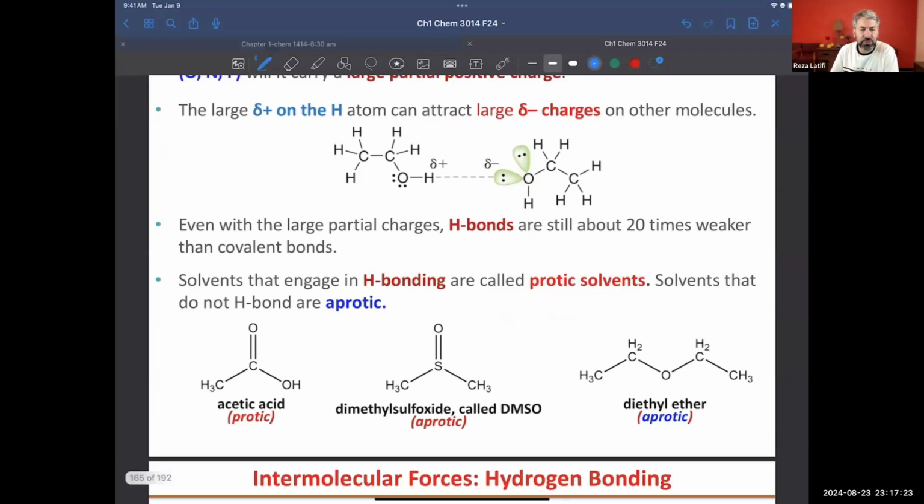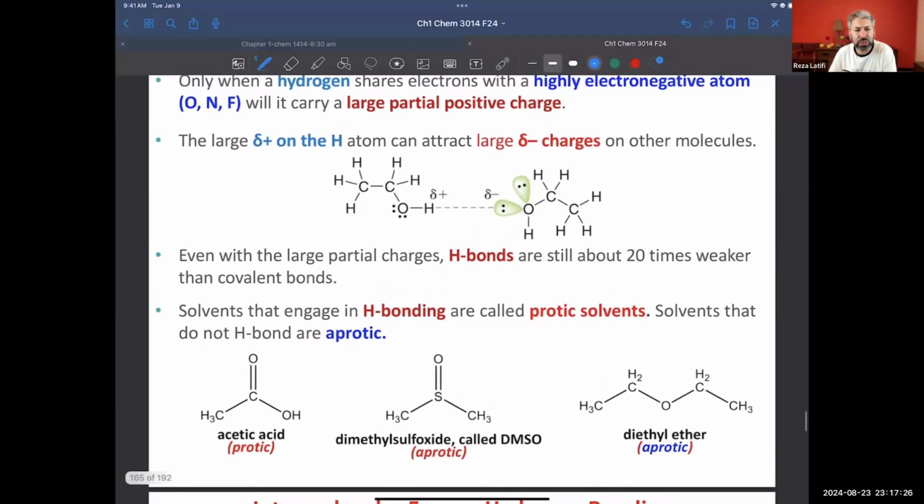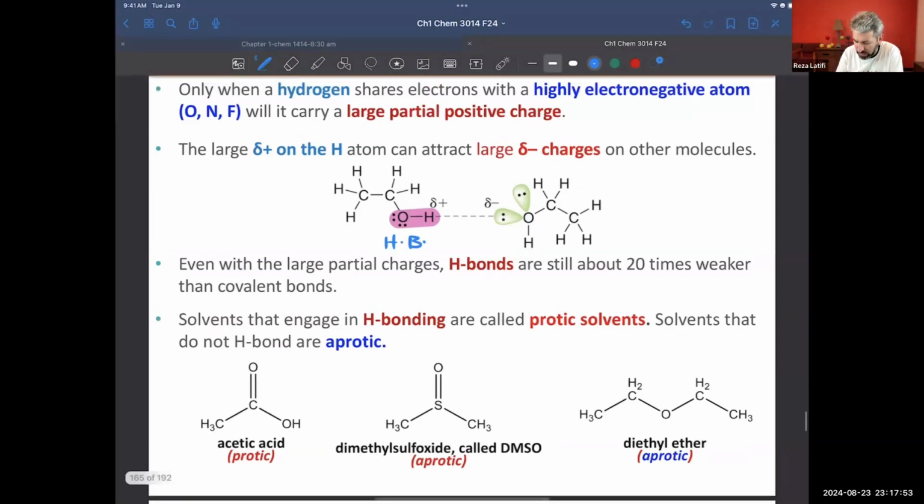In this slide, as you see, we have ethanol. Ethanol has OH, and that OH can create hydrogen bonding. As you see, we have another molecule of ethanol, and oxygen is pointing in a way that the lone pair is closer to the neighbor hydrogen atom, and this interaction will give you hydrogen bonding.